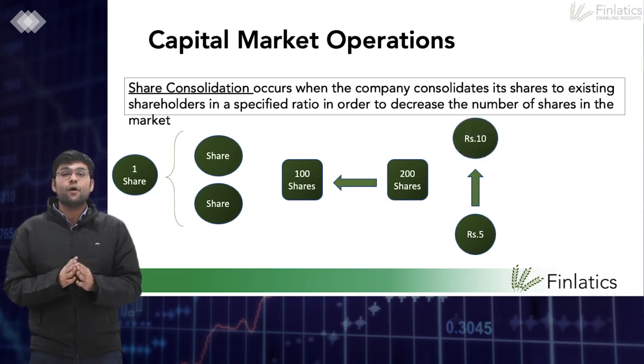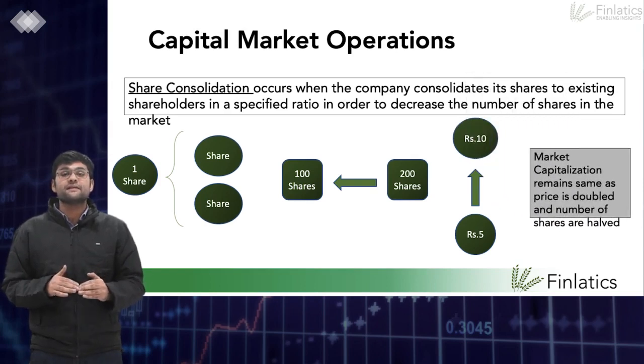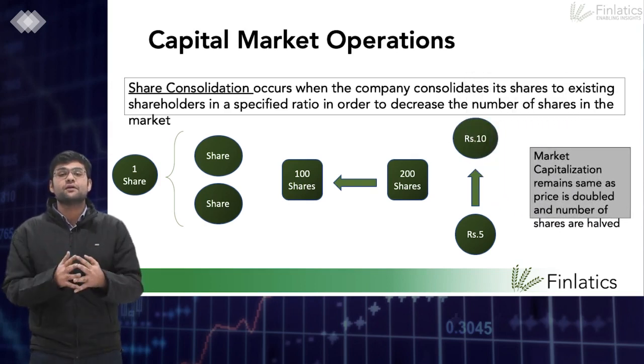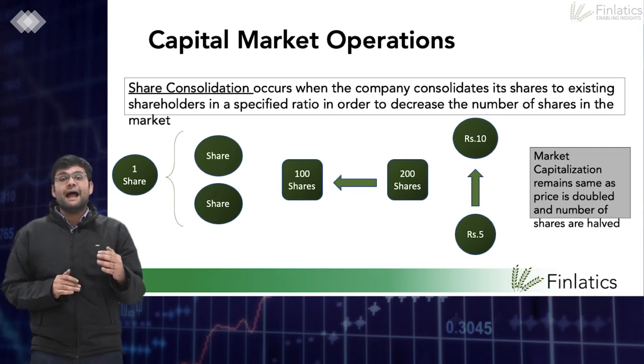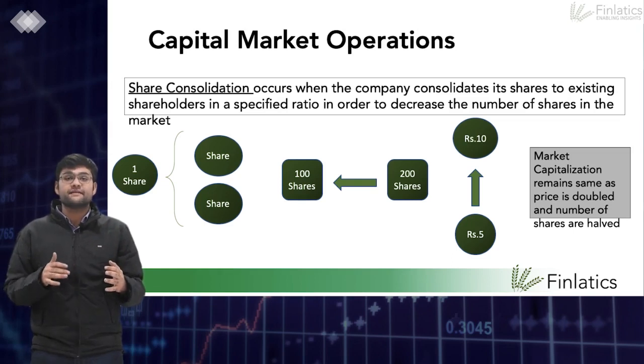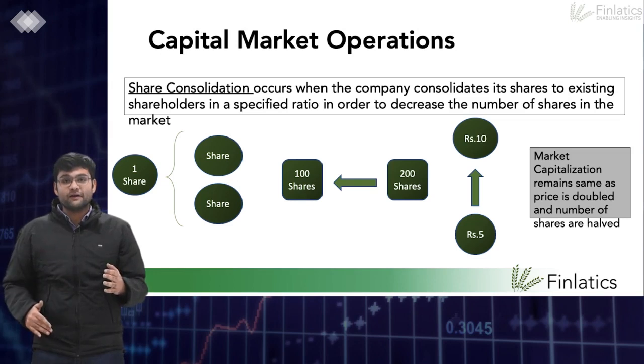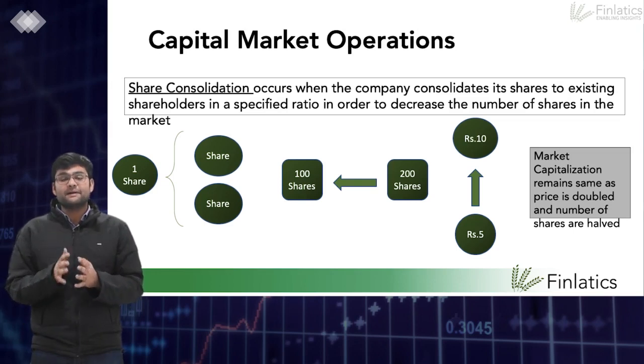The market value of the share would also similarly double post-consolidation. As the market price of the share doubles and the number of shares held by you becomes half, the market capitalization as well as the total valuation of your holdings would remain same.